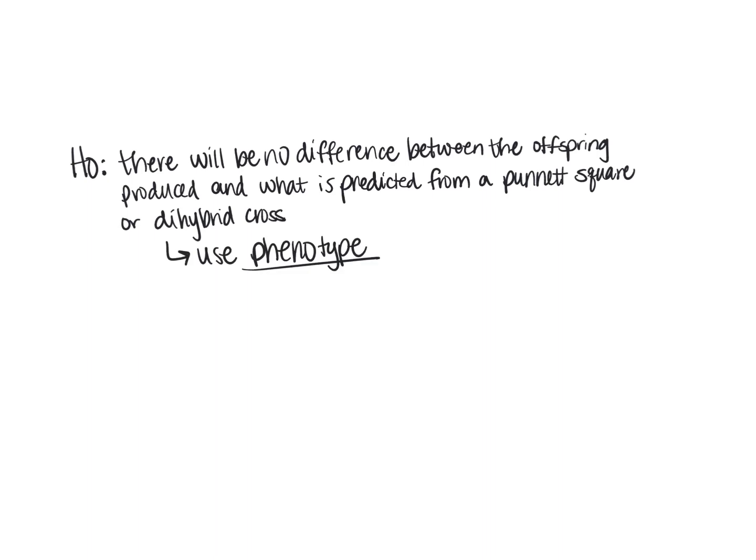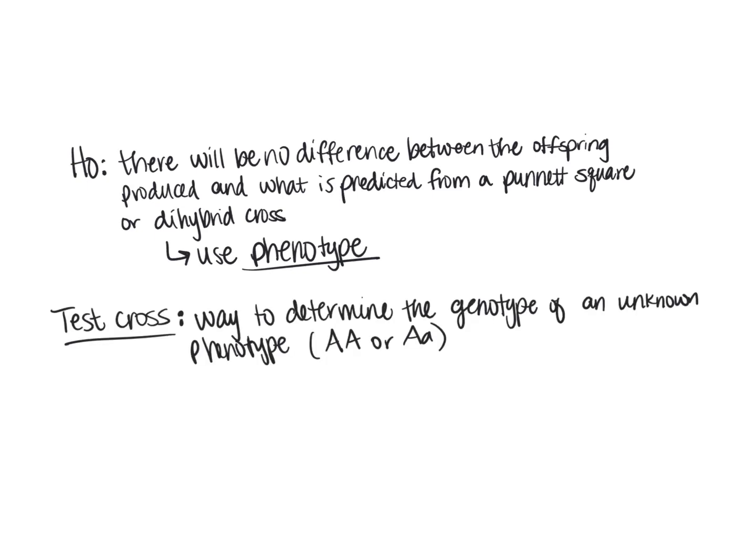Sometimes we can't really determine what a phenotype is, especially in the case of the dominant trait. So we'll have to do what's called a test cross every now and then to figure out what a dominant phenotype is. That's because we have no way of determining if an individual who's dominant in their phenotype is AA homozygous dominant or Aa heterozygous.